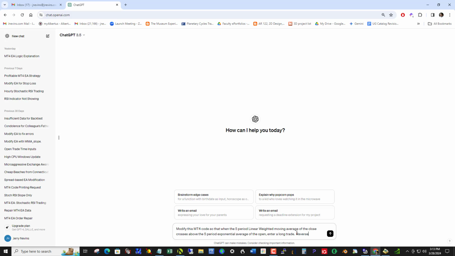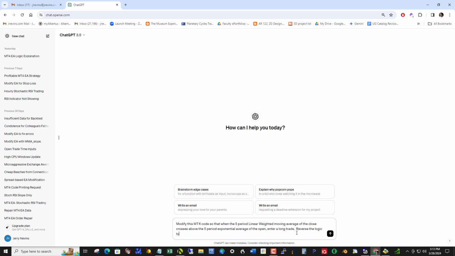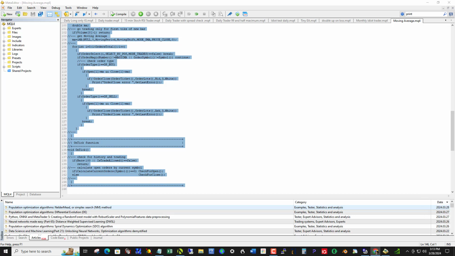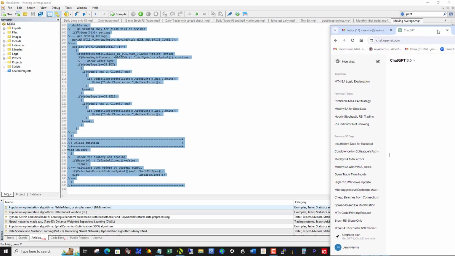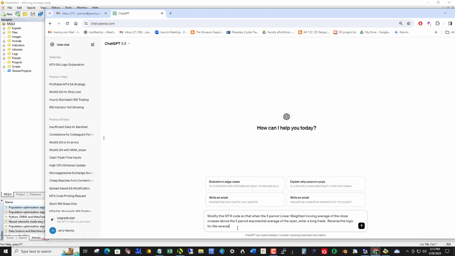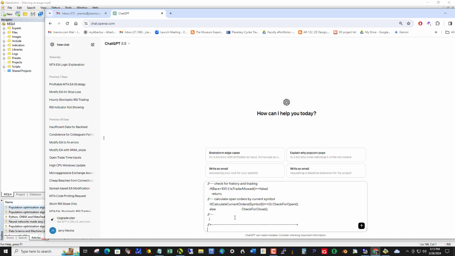Reverse the logic for the reverse period. And then, on the moving average, Control A, Control C, come back here and paste it in, and off we go.